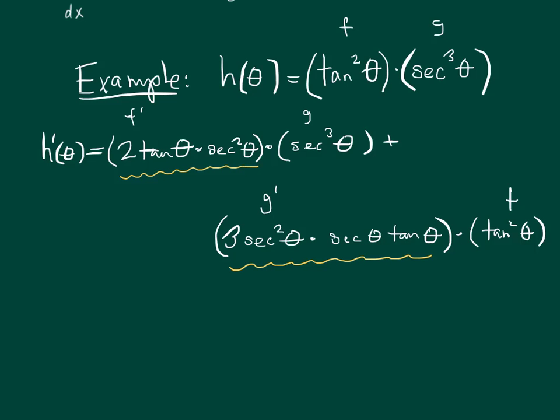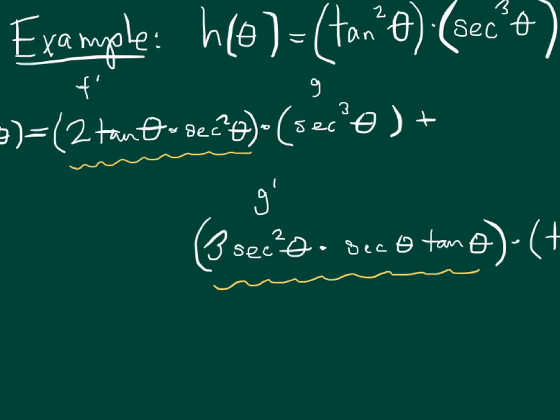Okay, so that was an example combining chain rule and product rule. Let's do one combining chain rule and quotient rule.